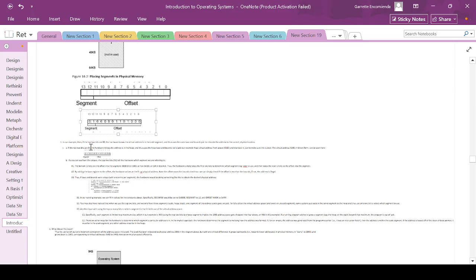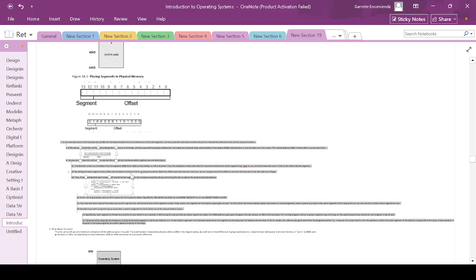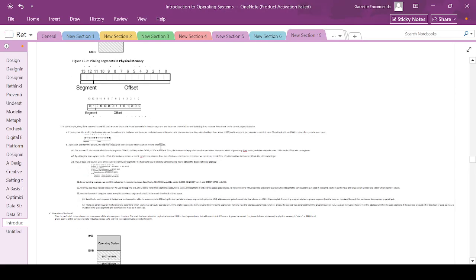So in our example, if the 2 bits are 00, then the hardware knows the virtual address is in the code segment. So there's a pattern, and thus it uses the code base and bounds pair to relocate the address to the correct physical location.